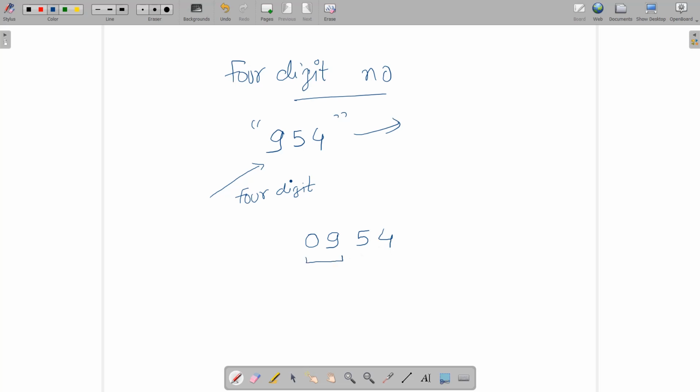It will extract the first 2 digits and take them as the minutes, and the last 2 digits as the seconds. Then it will calculate the total number of seconds this string signifies, which is 9 into 60 plus 54. The microwave does this.